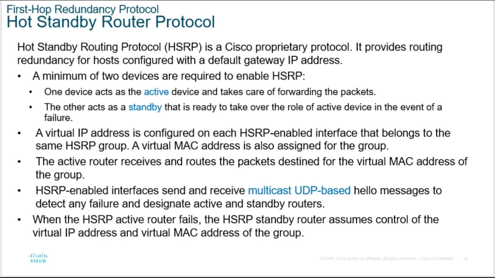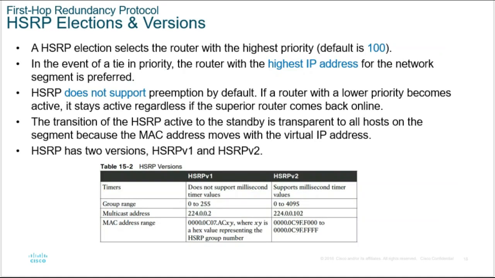So this hello message is used to detect any failure and also designate the active and standby routers. So through the hello message, they can detect the active router if it fails. So after this active router fails, the HSRP standby router will automatically resume the operation of forwarding packets.